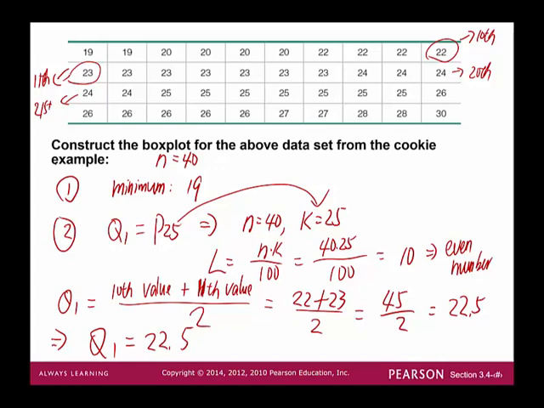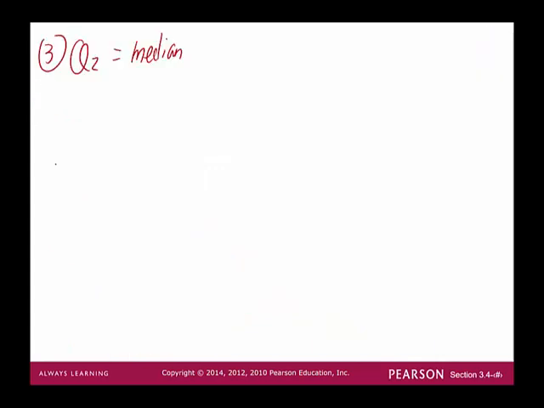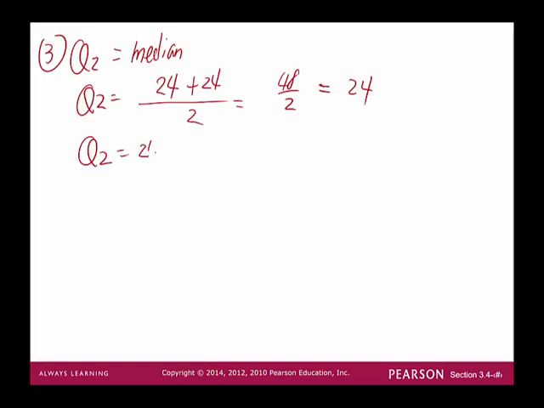So the median is right in the middle of those two. So Q2, quartile 2, is equal to the 20th data value 24, and the 21st data value is also 24. Adding those two and dividing by 2, this 48 over 2 turns out to be 24 as well. So quartile 2 turned out to be 24.